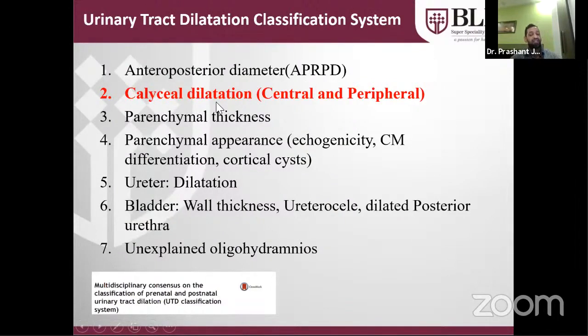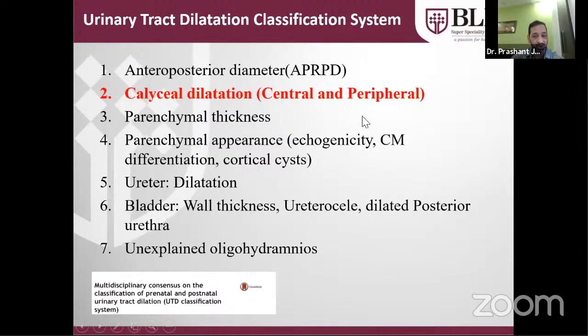A lot of emphasis has also been given to the dilatation of the calyces, which can be a central dilatation or a peripheral dilatation, although peripheral dilatation is considered a more severe form. Also, ultrasound tells us about the thickness of the parenchyma, which includes the cortex as well as medulla. The appearance of the parenchyma is again very important, which ultrasound can tell us.